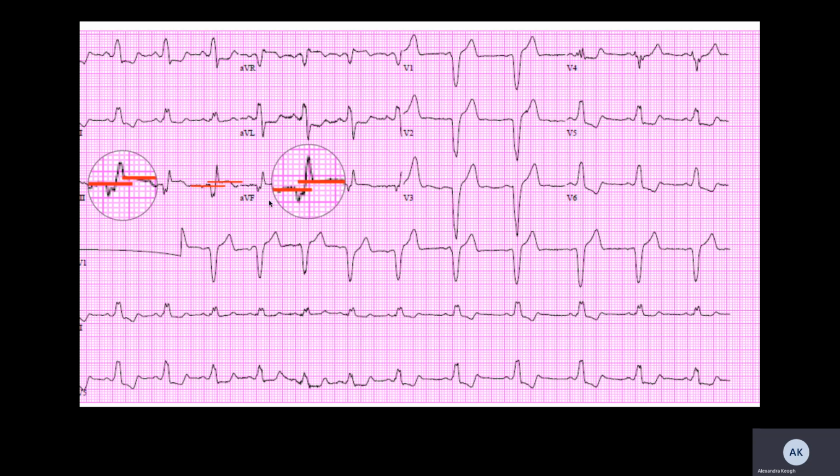And if you also go to the other inferior lead, aVF, if you draw a line from the TP segment over and up to the ST, you can see one box of ST segment elevation. So this would be consistent with acute ischemia in the inferior leads.